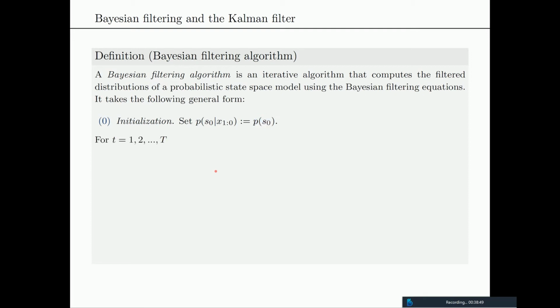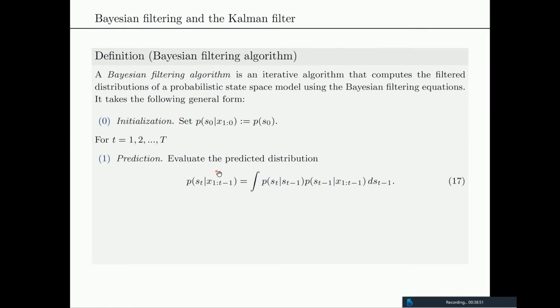And then you can evaluate, like previously on the previous slide shown with the Chapman-Kolmogorov equation, the predicted distribution. Also for the case that t is 0, because then you just take p0 here for your p of s_{t-1} given x_{1:t-1}.